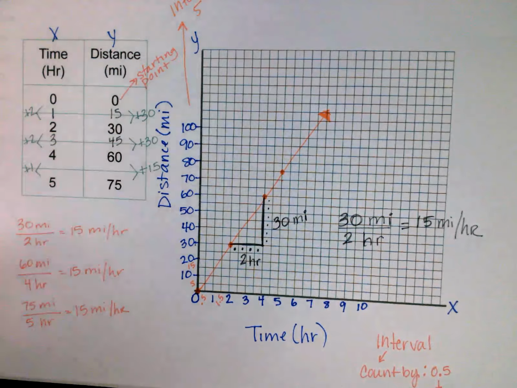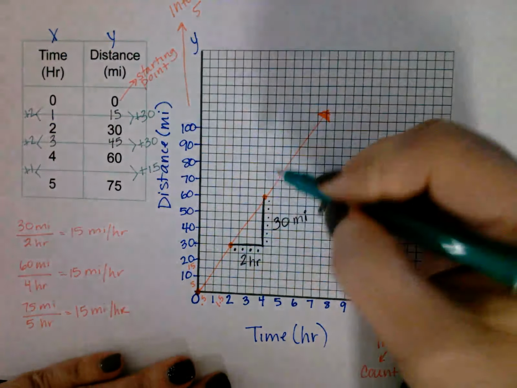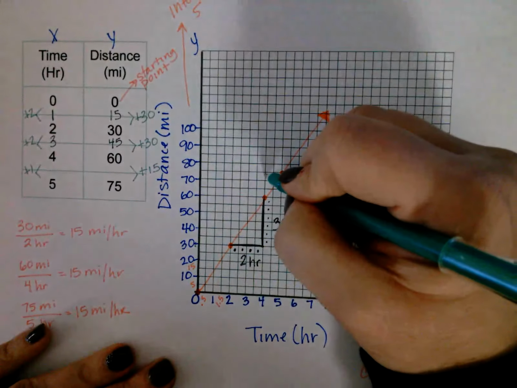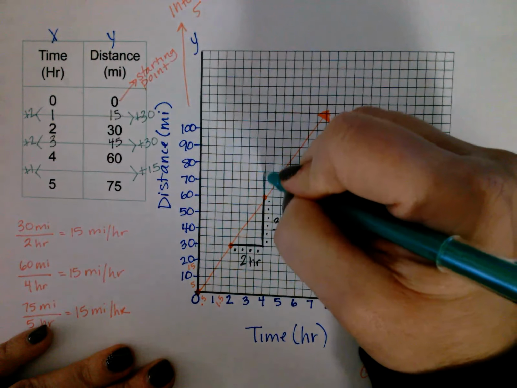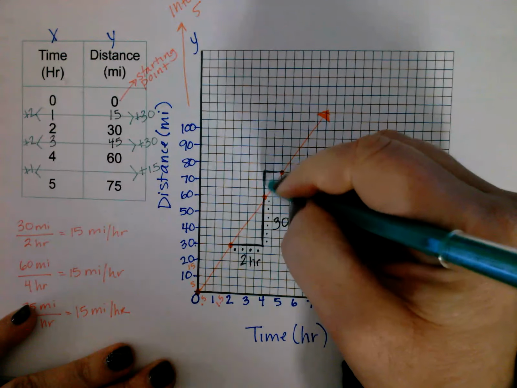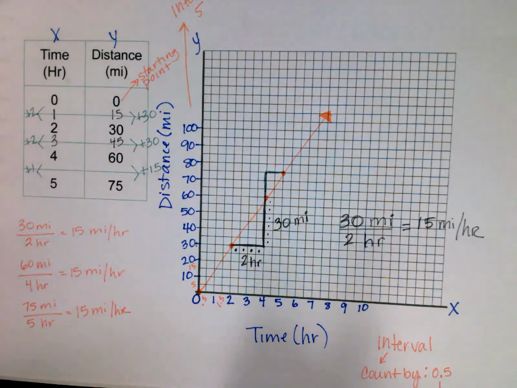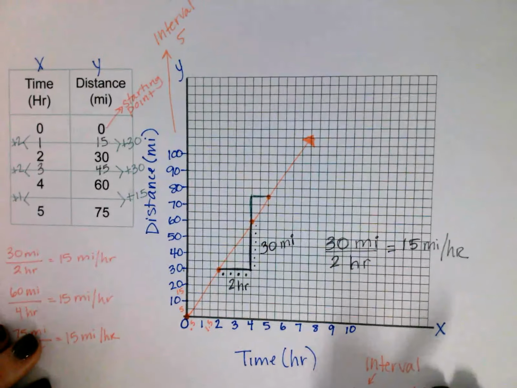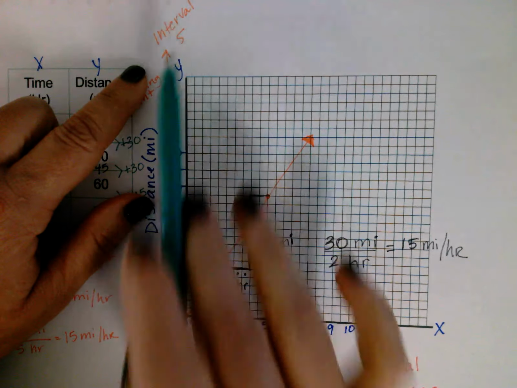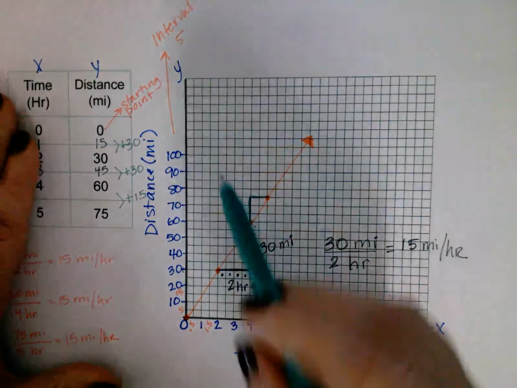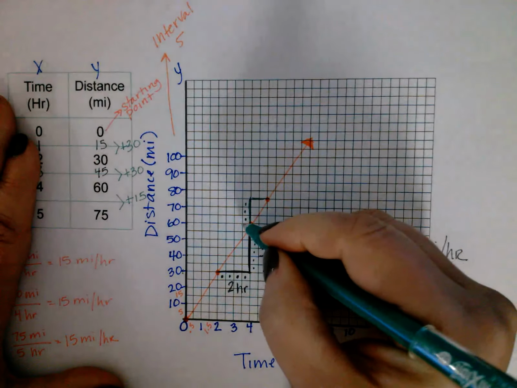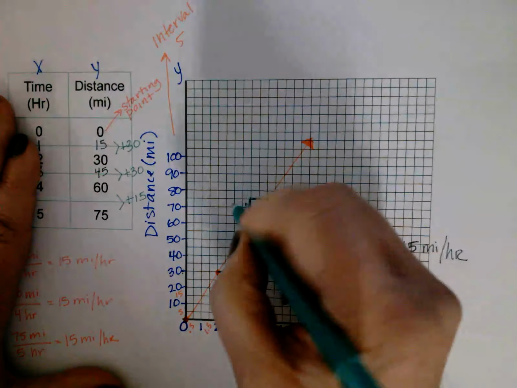We could also have picked different points. I now will do a right triangle connecting these two. Again, paying very careful attention to what the interval was. What did this person, or you and I, count by? We counted by fives. So 5, 10, 15.